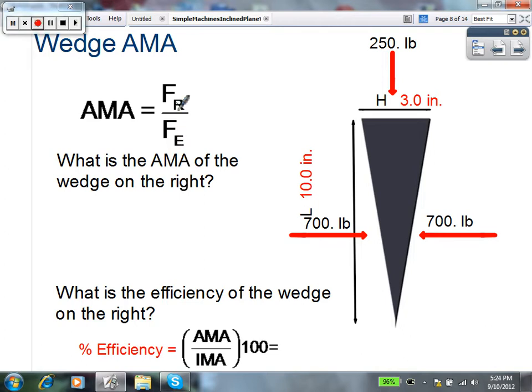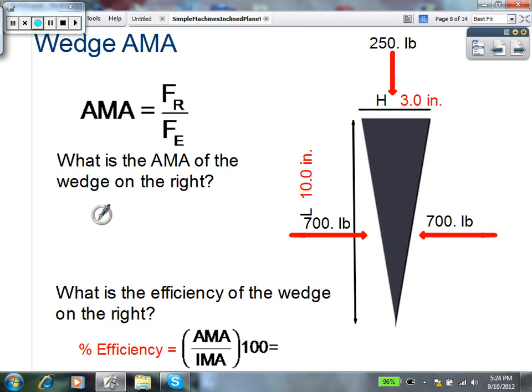So we have the force of the resistance over the force of the effort. In this example at the right, notice you have to push down with 250 pounds, but you end up getting 700 pounds worth of resistance. So you're able to push 700 pounds up or apart with only 250 pounds of force.